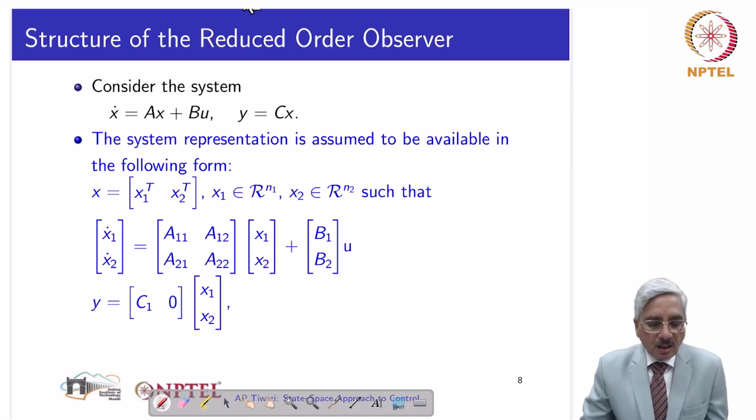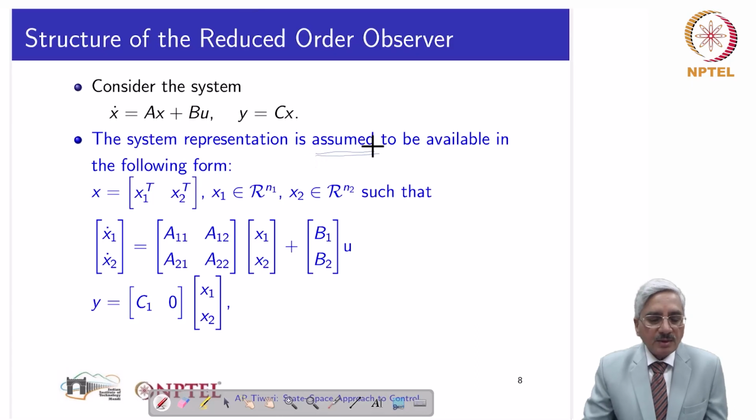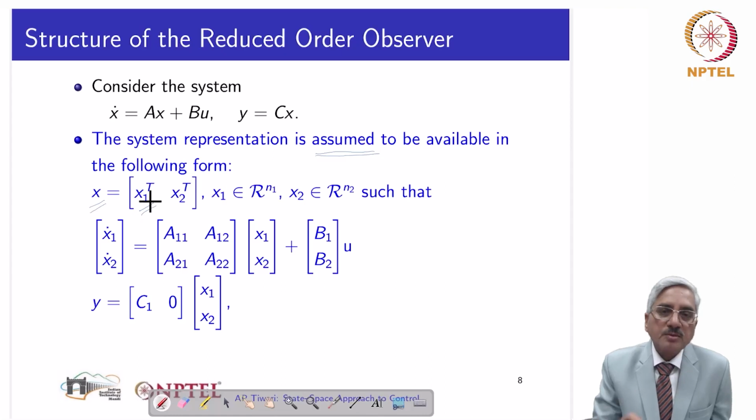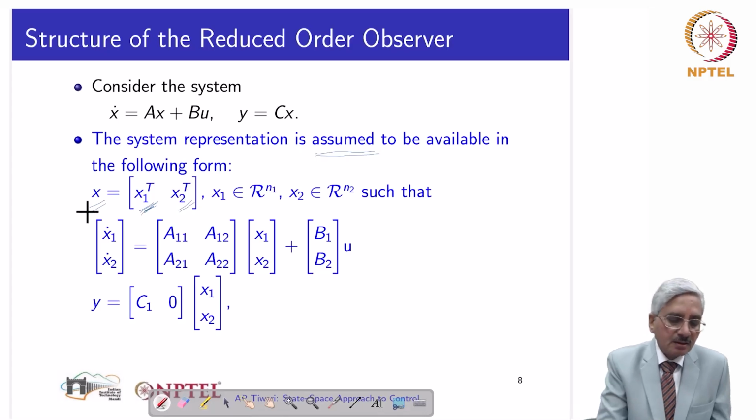However, at the very outset, we are assuming that the system dynamics is available in a form in which the state vector x is grouped into a smaller set of state variables x1 and another smaller set of state variables x2. Both x1 and x2 are smaller sets of state variables than x.